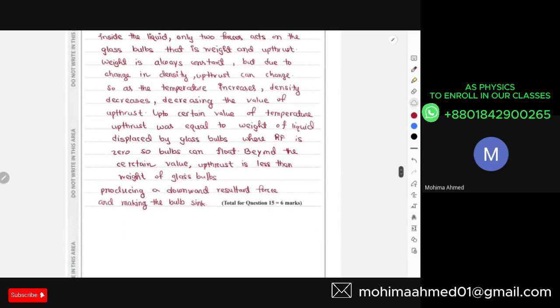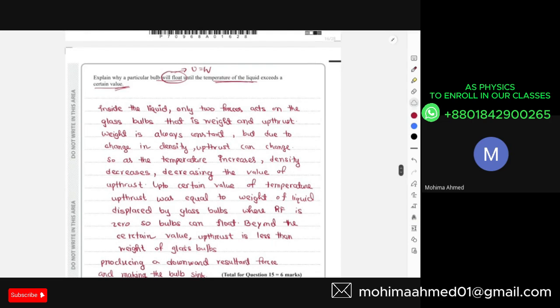But in general, upthrust is the value that you get from the weight of the liquid that is displaced by the glass bulb, right? But then again, up to before the certain value, your weight is equal to the upthrust acting onto the bulb also. That's why the bulbs could float easily.